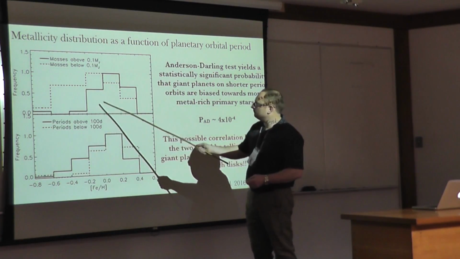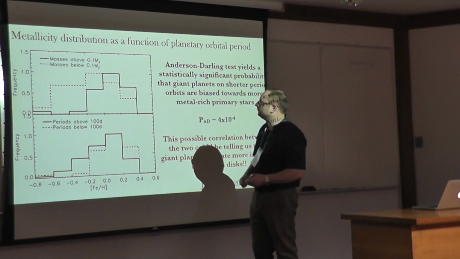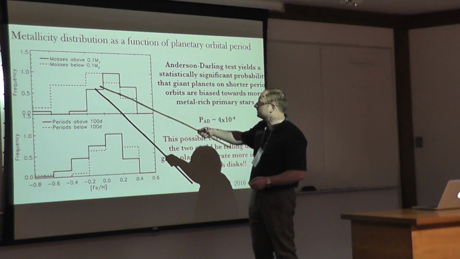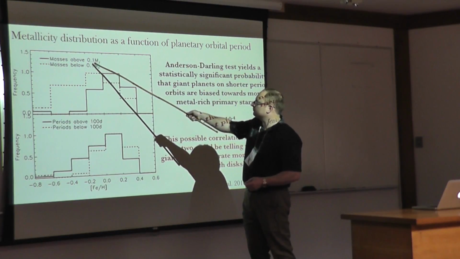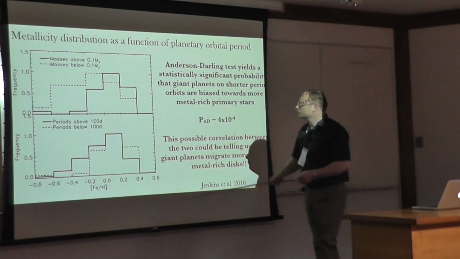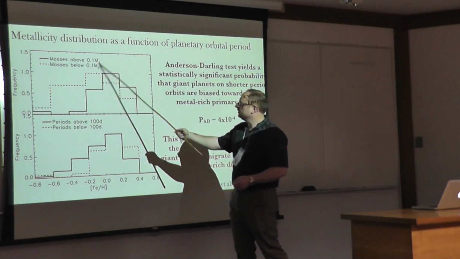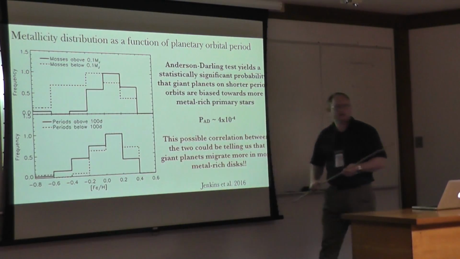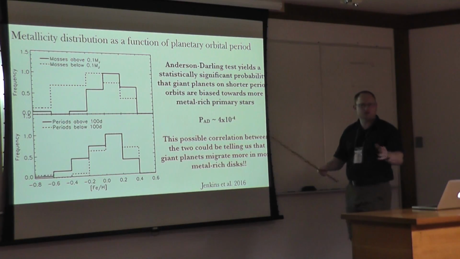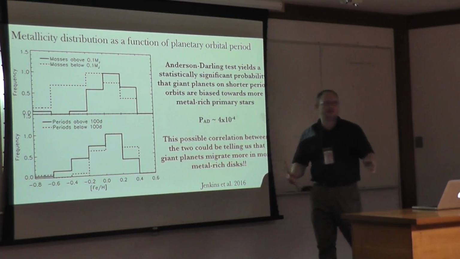So if we look at periods below 100 days and above, so in mass, we can split masses at 0.1 Jupiters or so. At least for hot Jupiters, it's again a bit hand-wavy, but we define a hot Jupiter as something like mass bigger than 0.1 or so and a period less than 10 days.